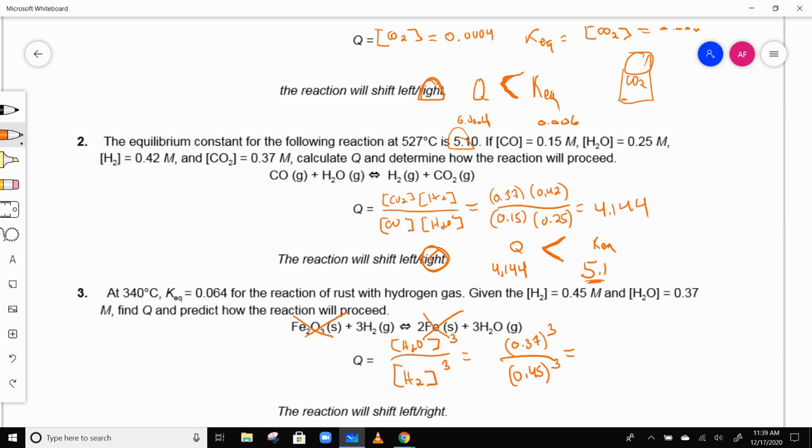And we get, let me see what that is. Okay, I got 0.56. So here, this is the Q. Q is 0.56. KEQ is 0.064.